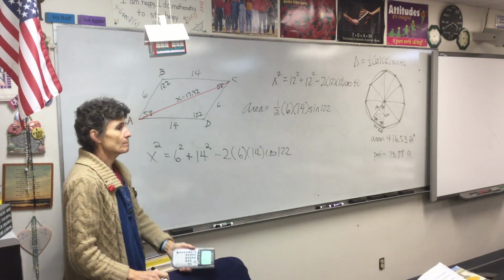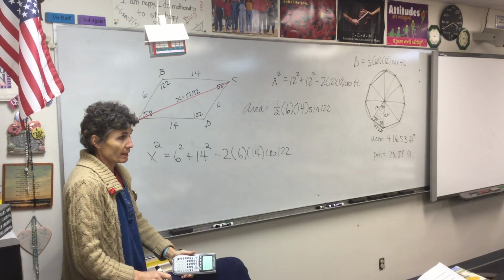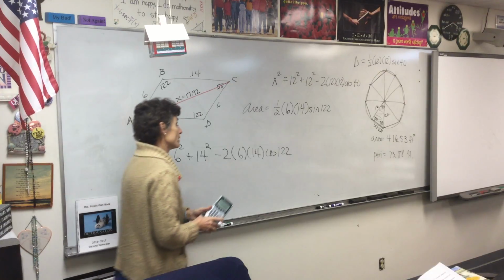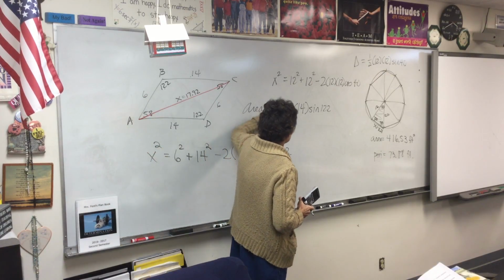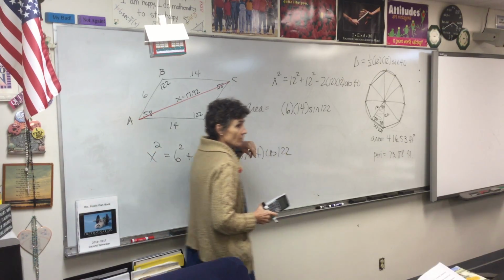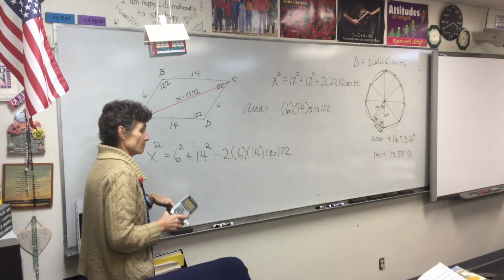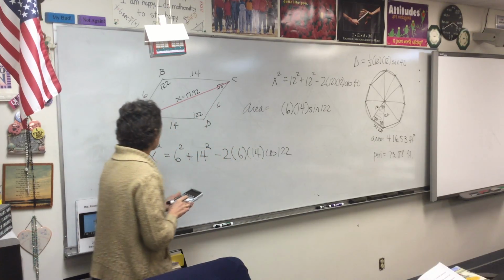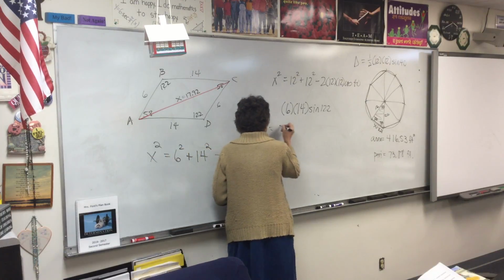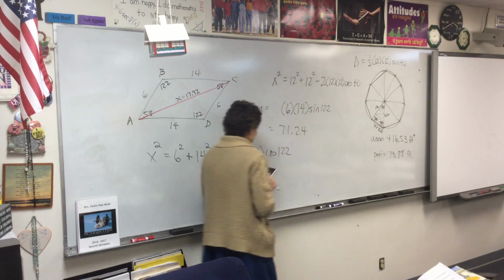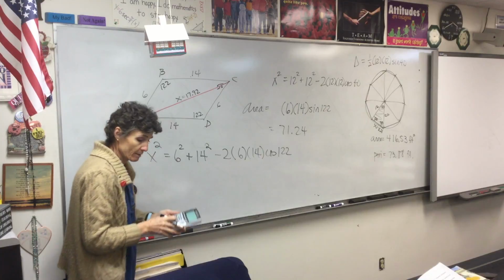Is that the answer? You've got to multiply it by 2. Or, if you're clever, just forget that, because you're going to be doubling it anyway. It's up to you. You should get 71.24 as the area of the parallelogram.